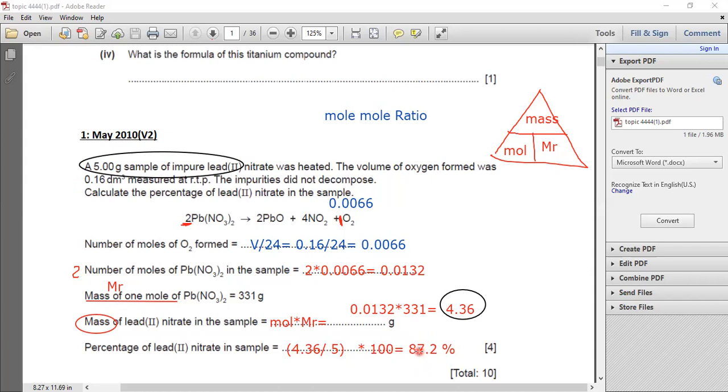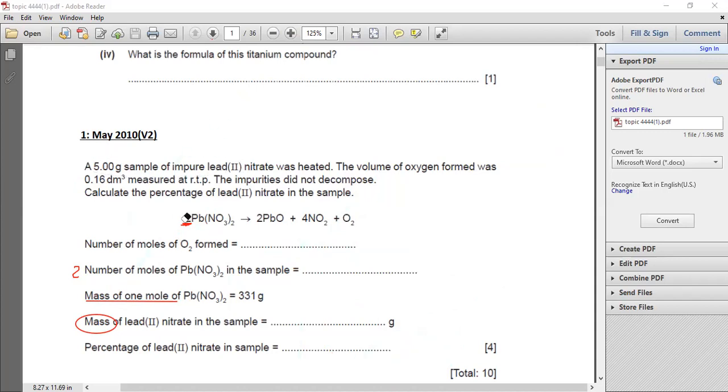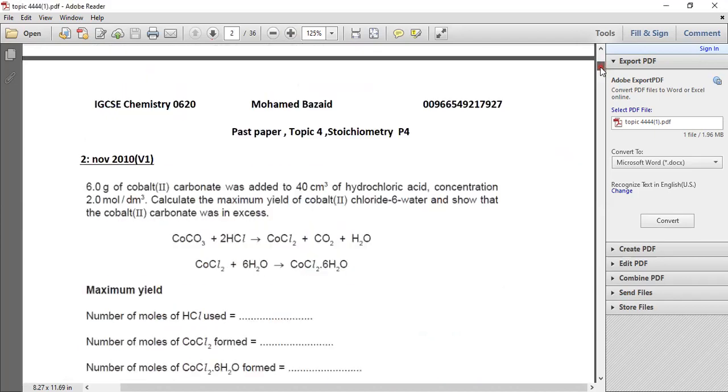Now I'm ready to receive any question from anyone about these points. Clear? Okay. So as you see, you must detect which triangle you will use.